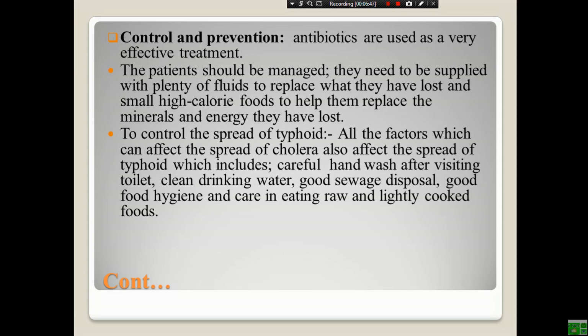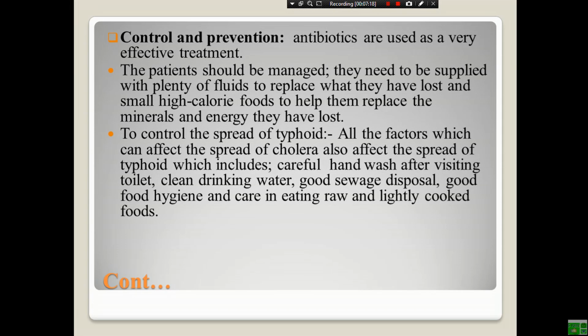To control the spread of typhoid, all the factors which affect the spread of cholera also affect the spread of typhoid, which includes careful hand washing after visiting the toilet, clean drinking water, good sewage disposal, good food hygiene, and care in eating raw and lightly cooked food.